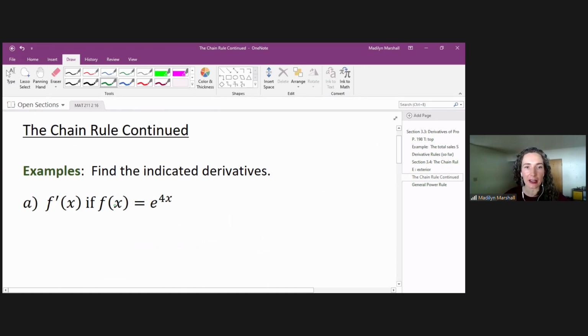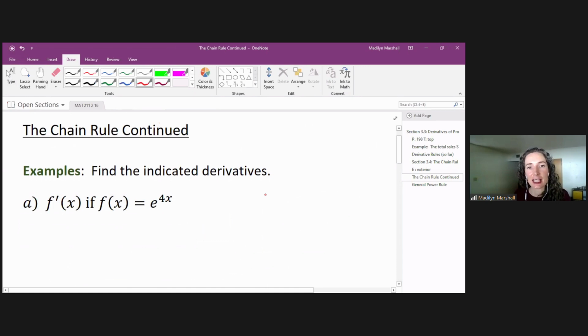Here we have our function is e to the 4x. Exponentials are often one of the hardest for people to see the interior and exterior to begin with, because we don't have those same sort of nested parenthesis type things.